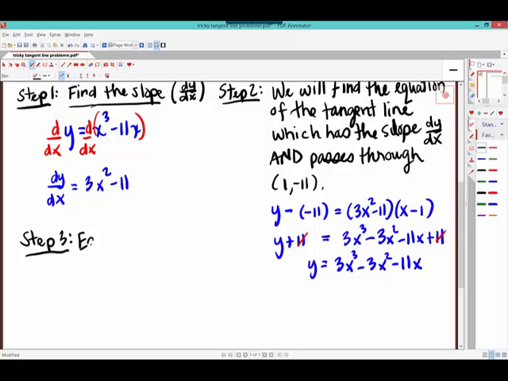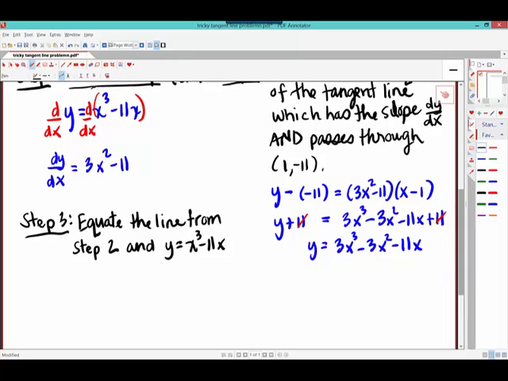We're going to equate the line from step 2 and y equals x cubed minus 11x. So we'll have x cubed minus 11x is equal to 3x cubed minus 3x squared minus 11x.